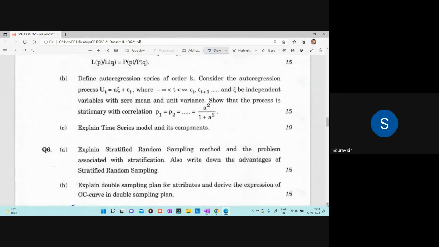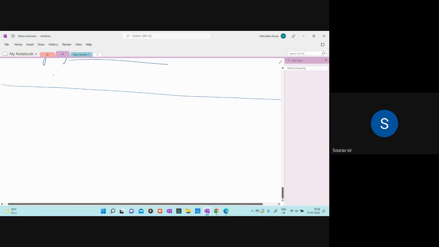Okay, this is a very easy question which I am discussing today. Explain the time series model and its components. Can you tell me? I hope you will be able to answer. What is a time series model and its components?